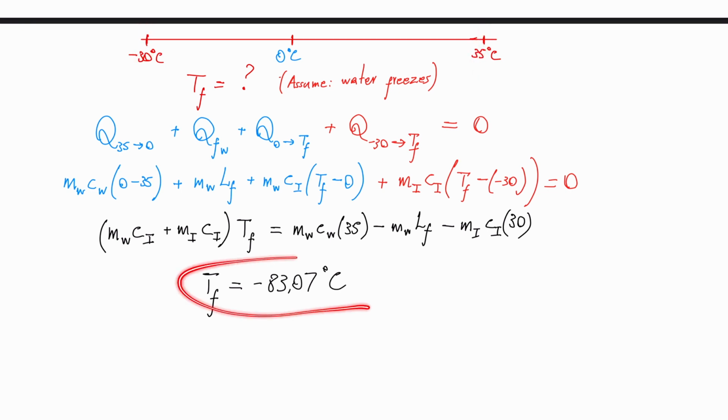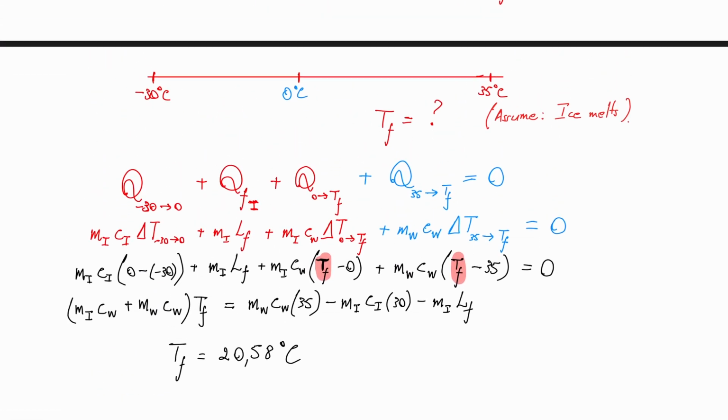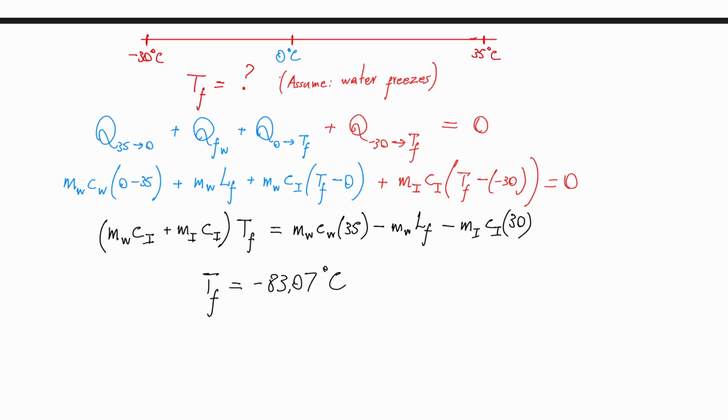So the claim here is that the ice, when you put it in contact with something hot, would lose energy, hence its temperature would drop even more, and that's not true. So this means our assumption that the water freezes must be wrong. So actually, it's not only our intuition that helps us here, but even the mathematics will tell us that our assumption would be wrong in this case.